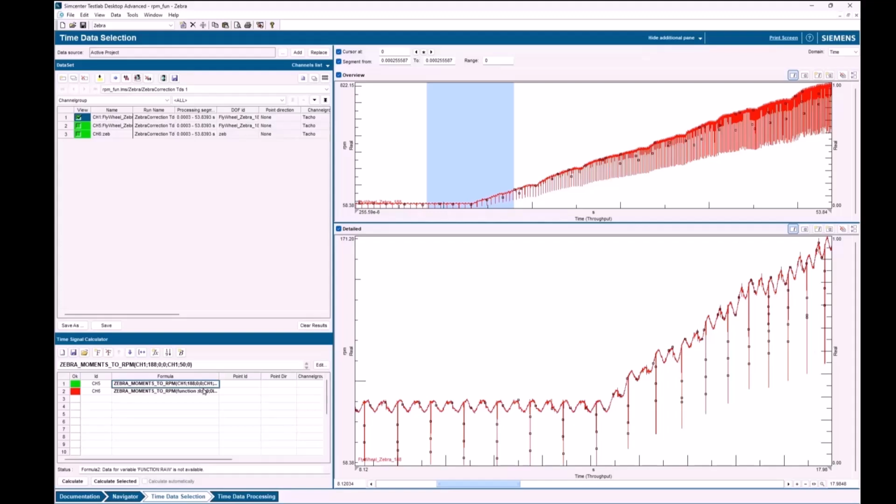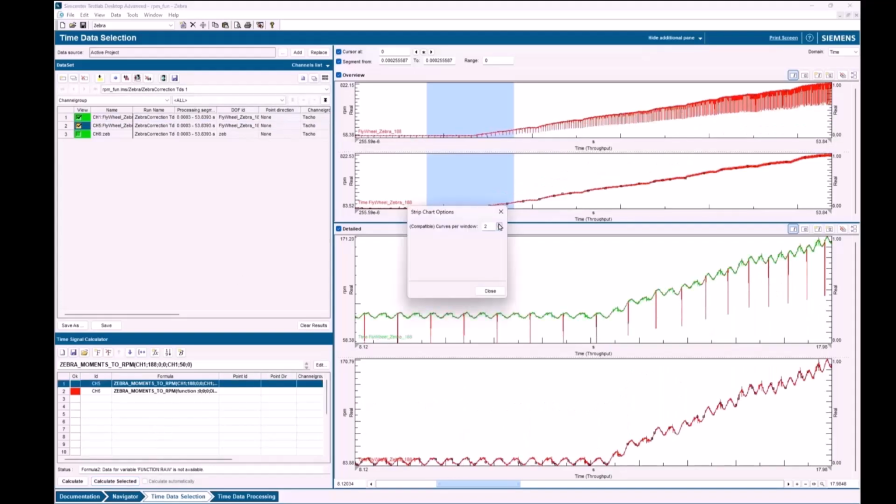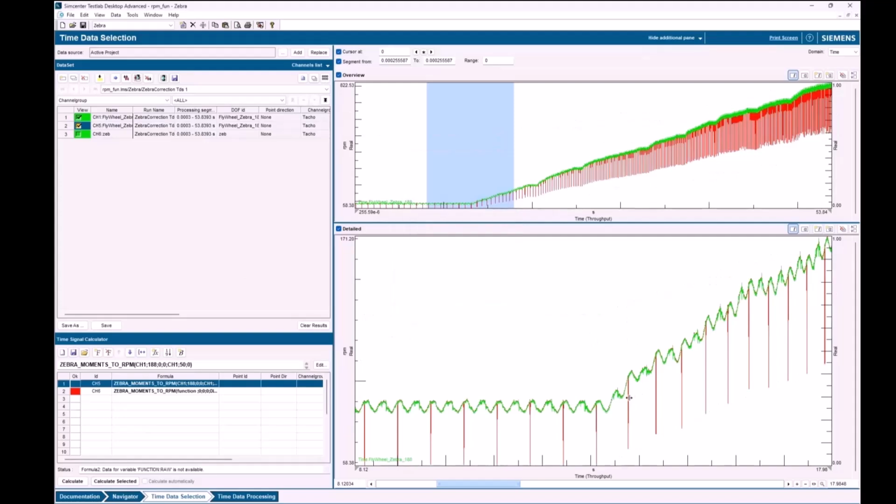Because it didn't overlap perfectly. So the missing pulse correction wouldn't work because it's not just a missing pulse. We actually have to change every single pulse to get it back so that it's evenly distributed around the shaft. And that's what this zebra moment correction does. And if I do that and I overlay that, we can correct for that as well. So that's not uncommon with something like zebra tape.